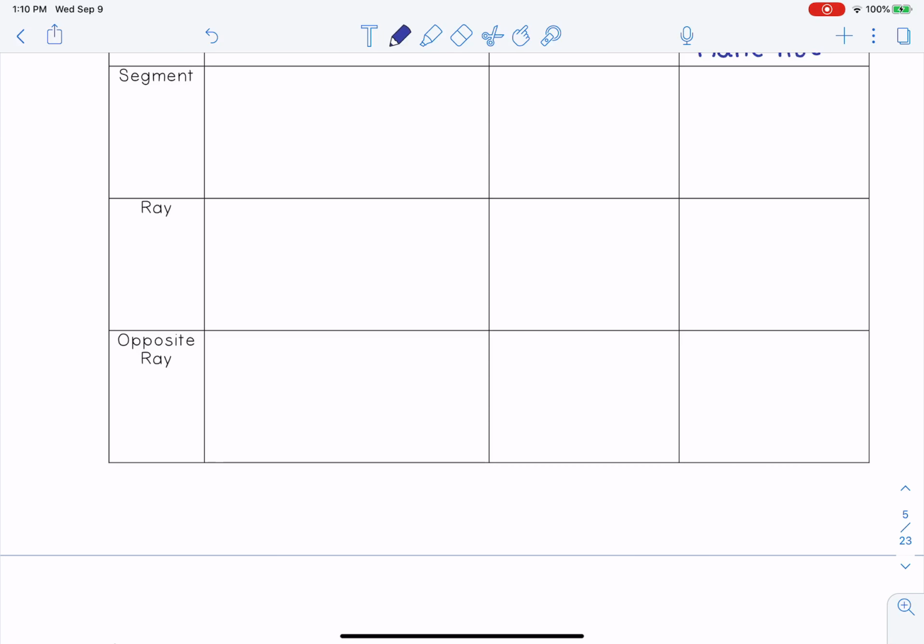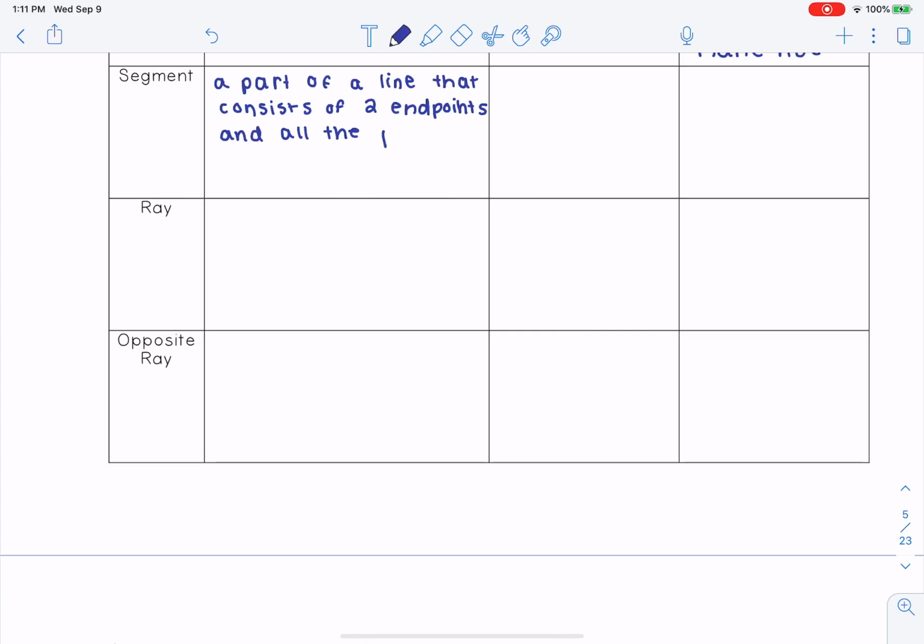Next up, we have a segment. So this is a part of a line that consists of 2 endpoints and all the points between them.